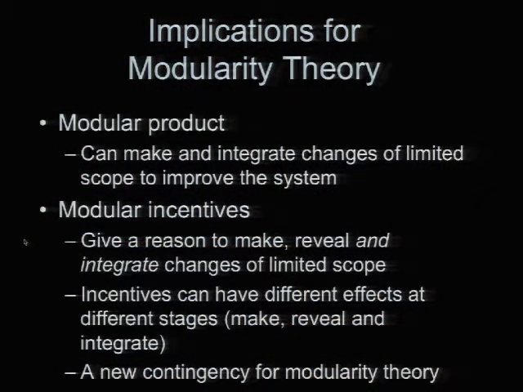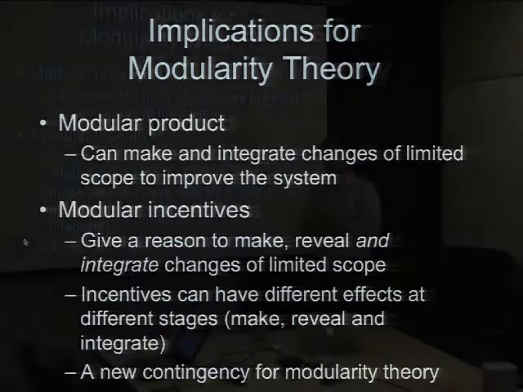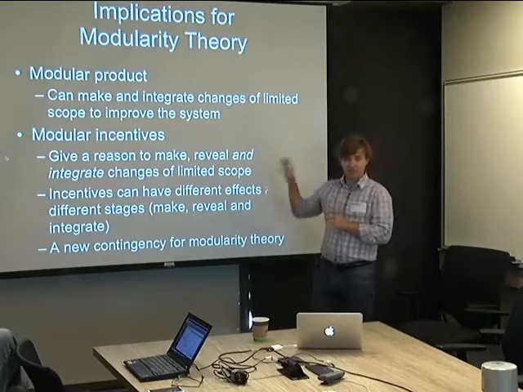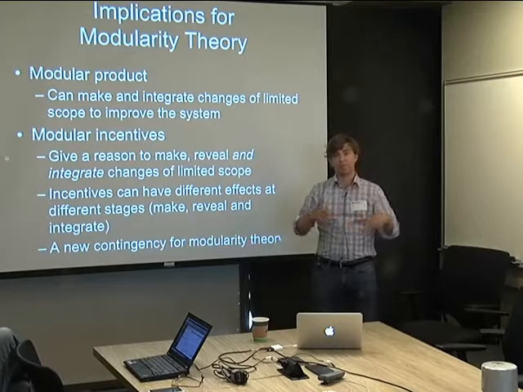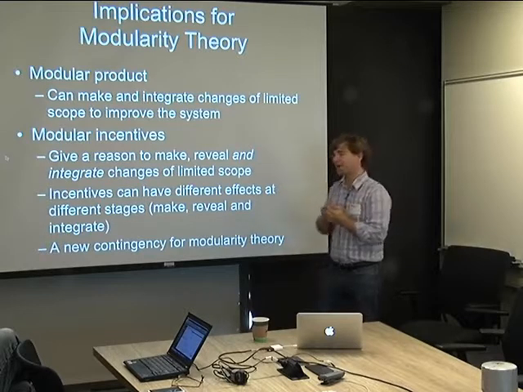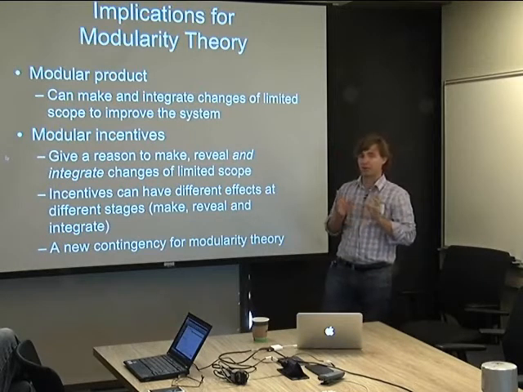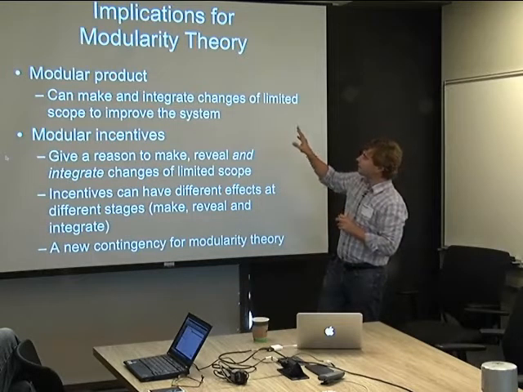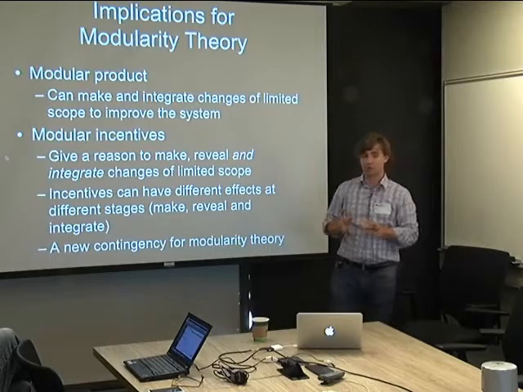All right, so just summing this up now, and then I look forward to questions and conversation. Modular theory is largely developed in the for-profit environment where money has this divisible and fungible aspect, and needs a little bit of tweaking in an environment where reputation is the currency. That's because you can make and integrate changes of limited scope to improve the system.